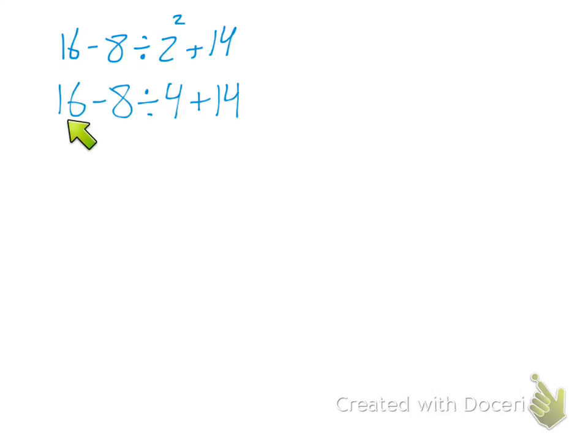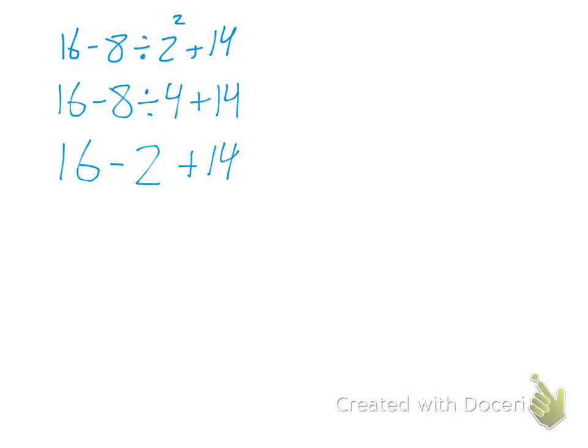So I would not do 16 minus 8 because we have an 8 divided by 4 in the middle. What's 8 divided by 4? It's 2, and then we have minus 2 and plus 14 at the end. Now we have addition and subtraction only.